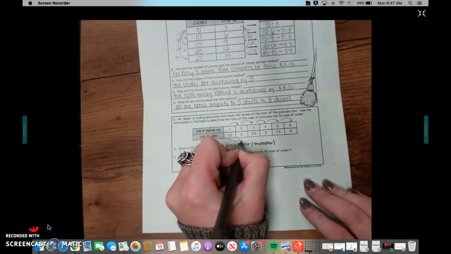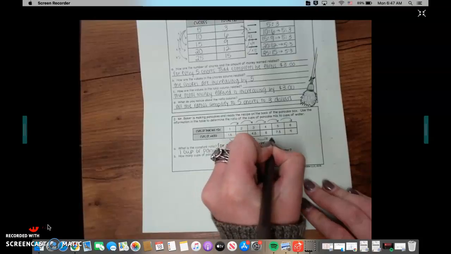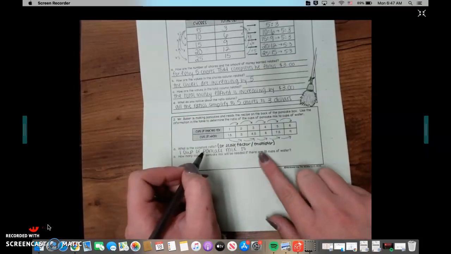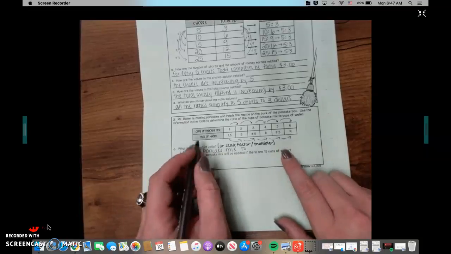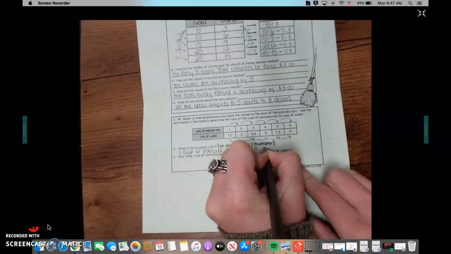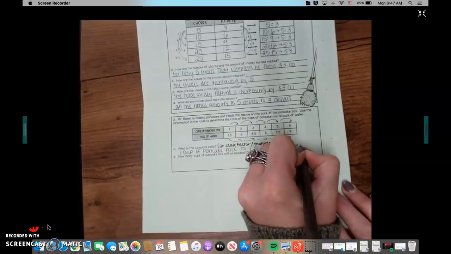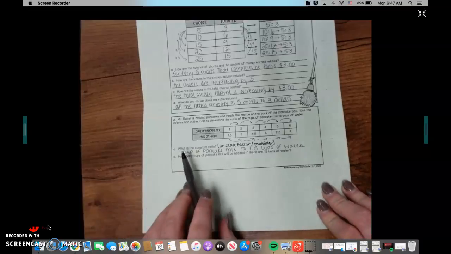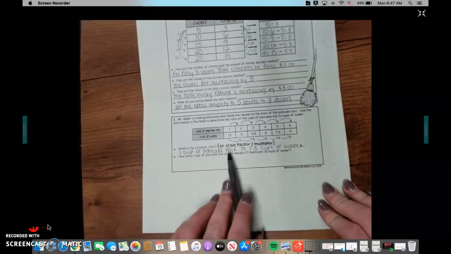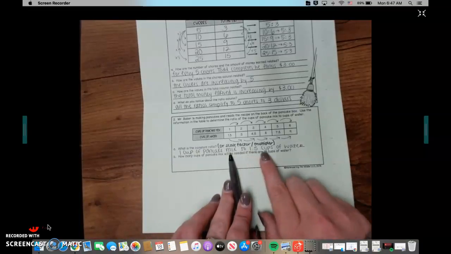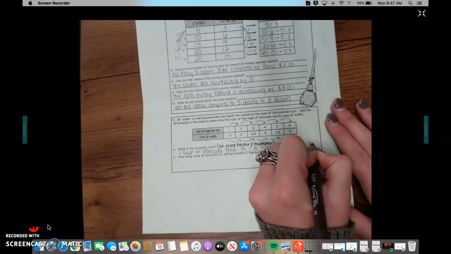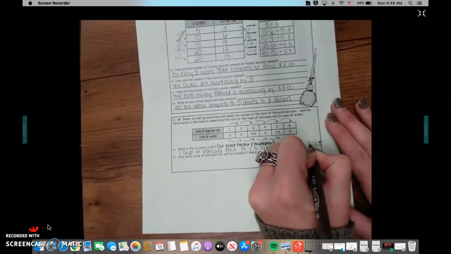So if we look from this one to this one, to this one, we're actually going by a different scale factor. This one is per every 1.5 cups of water. Okay, so what is the constant ratio? 1 cup of pancake mix to 1.5 cups of water. And you can even write it like that, if that helps you visualize it a little bit.